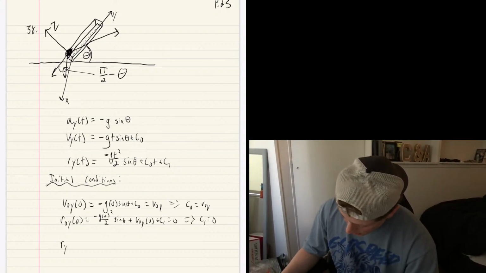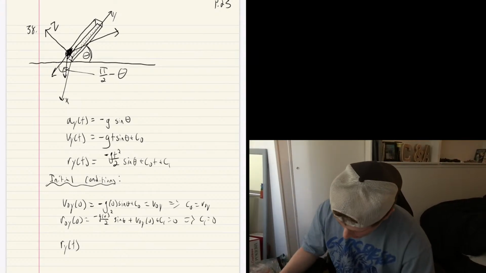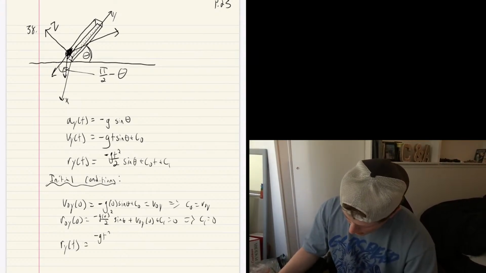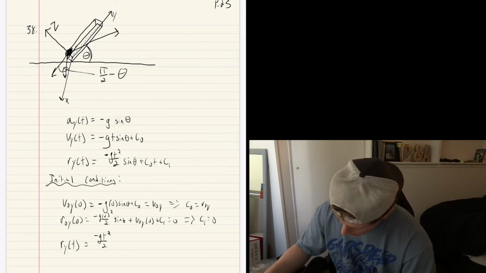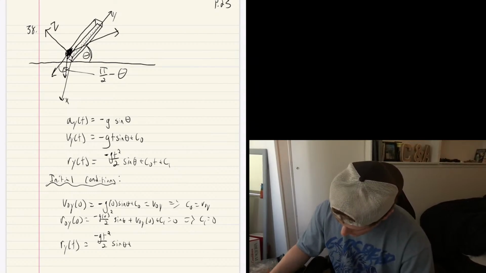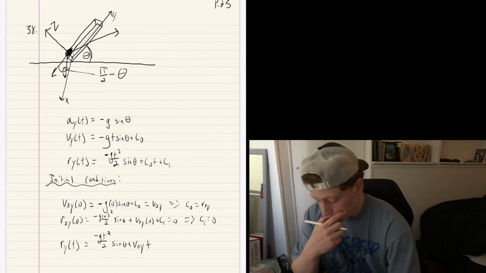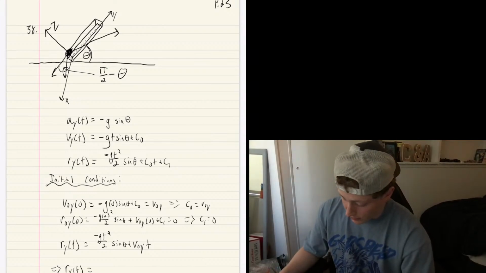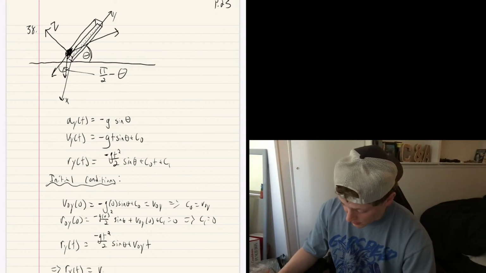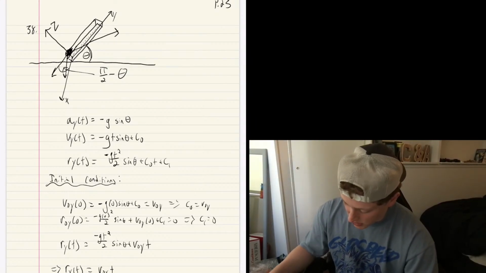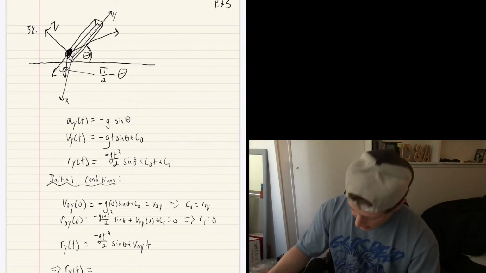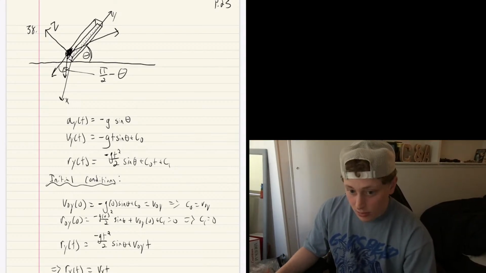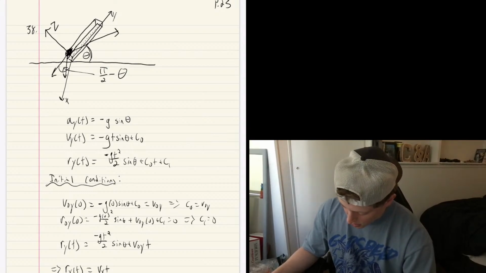So our position in the y direction is negative gt squared over 2 sine theta plus v0yt. And then I don't have to do the rest of this to know that in the x direction, it's just the antiderivative of v0x, which should just be v0x times t.